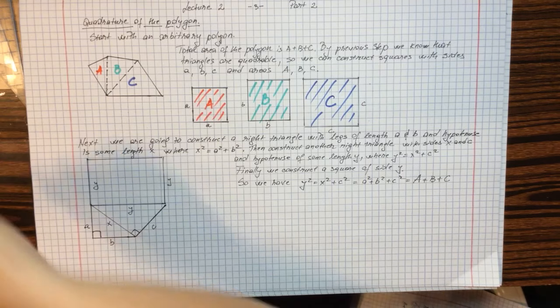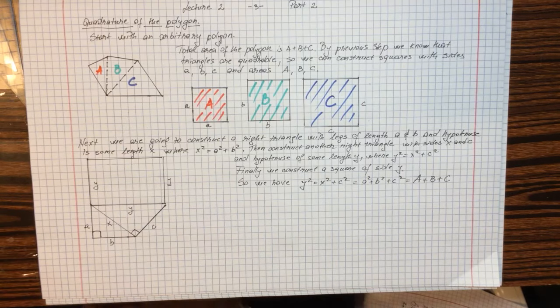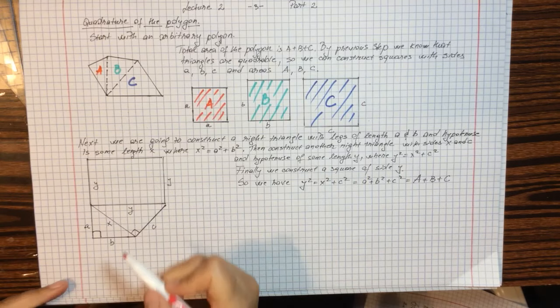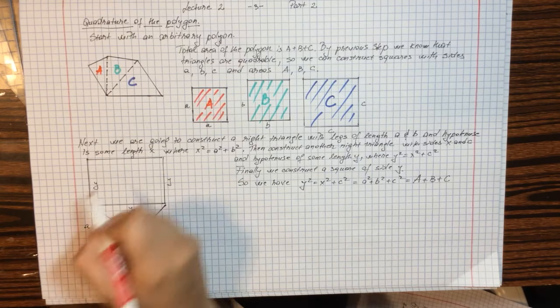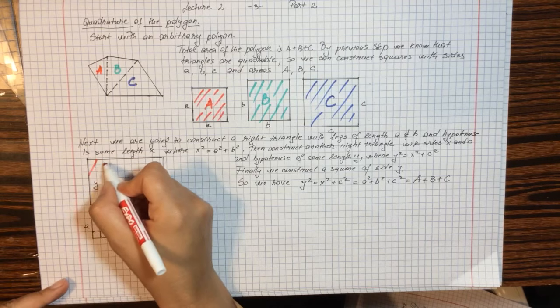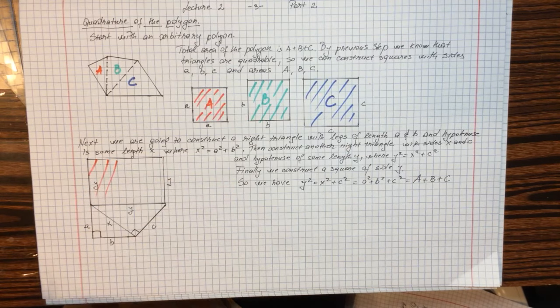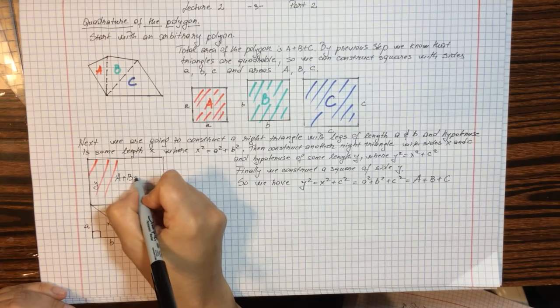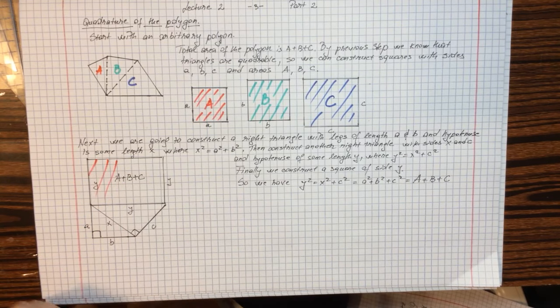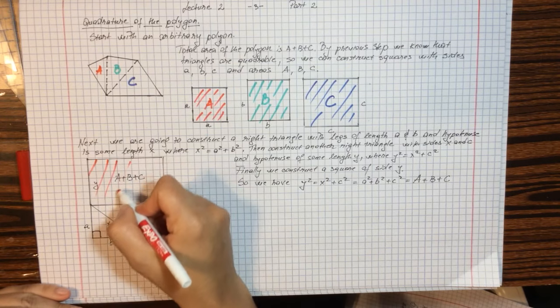So the point here was to show that the area of this square is A plus B plus C, and that is the same as the area of the polygon.